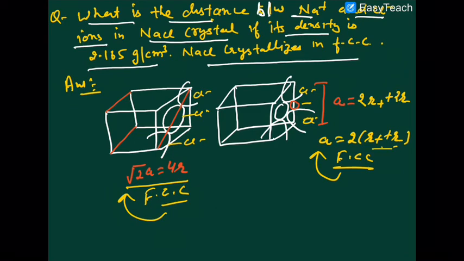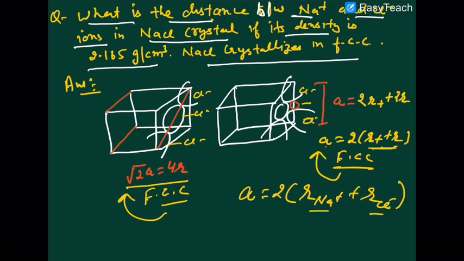So you have to take into account this point. A equals twice the radius of cation plus radius of anion. I am repeating once more, A equal to 2 times the radius of Na plus plus the radius of chloride ion. So radius of sodium cation plus radius of chloride anion. You have to take into consideration this particular point. Are you sure about that?